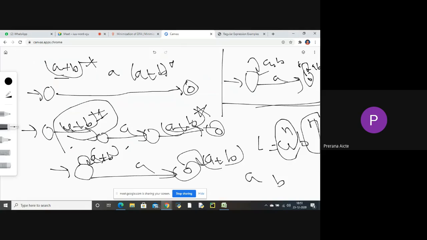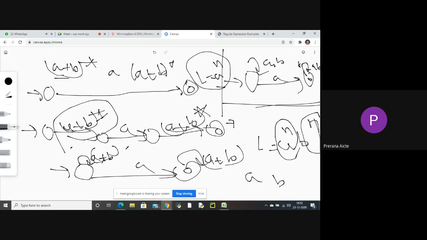we don't construct regular languages for this type of language. So if there is a condition between two variables, then we are not able to construct the finite automaton for the given language. L is equal to a power n is a regular language because we can construct the finite automaton for it.